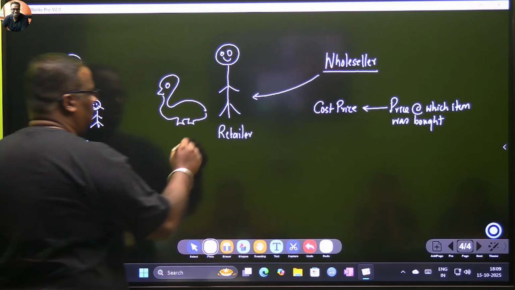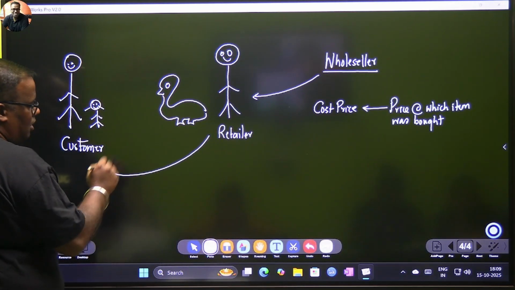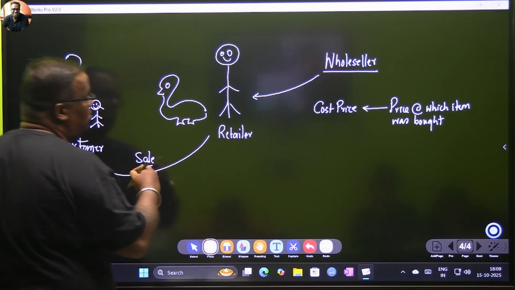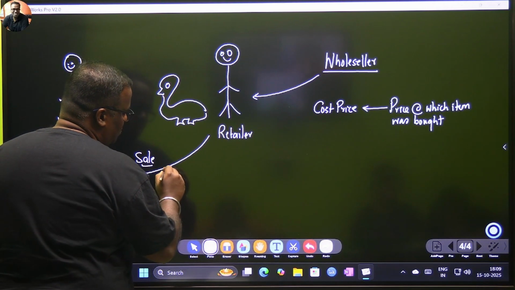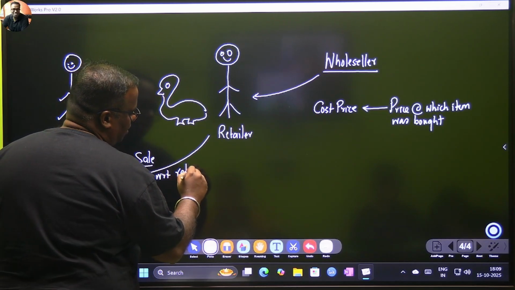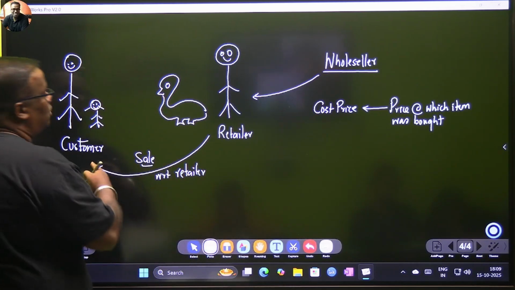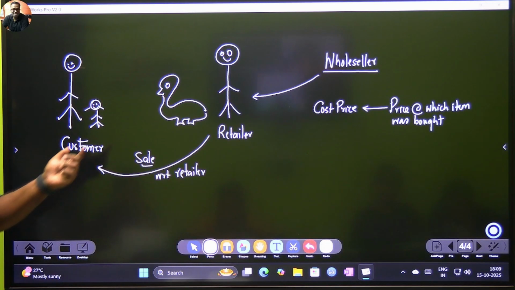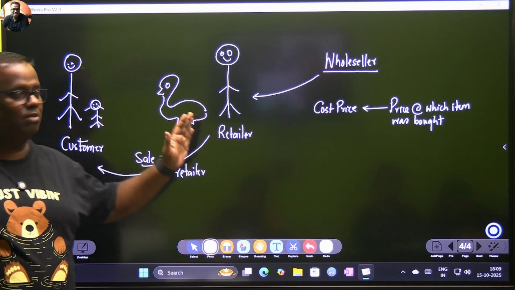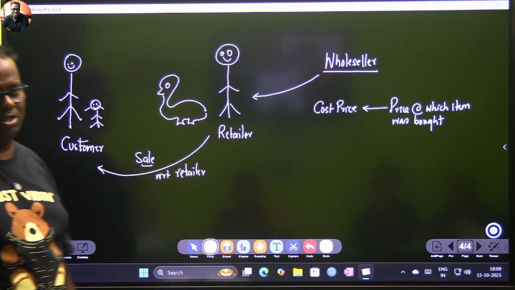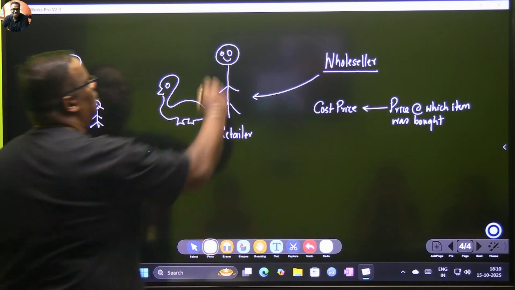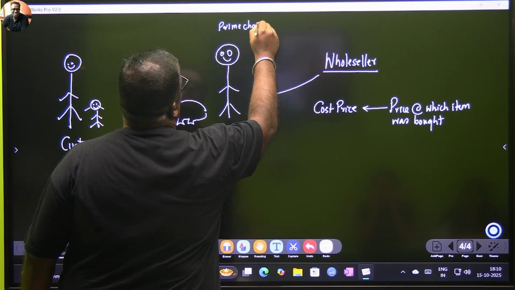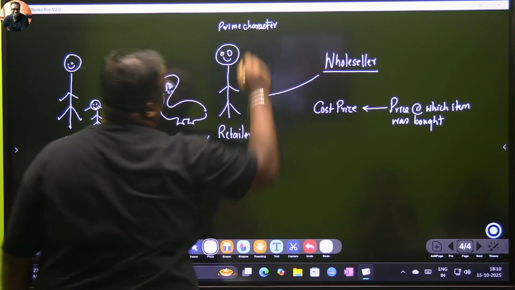After this, this person is going to sell this to the customer. When this sale happens, sale means sale with respect to the retailer. Please understand, however, it will be a purchase with respect to the customer. The customer is purchasing, and we are seeing the story from the retailer's perspective. Our story will be based on him, he's our prime character, and everything we define will be in his terms.